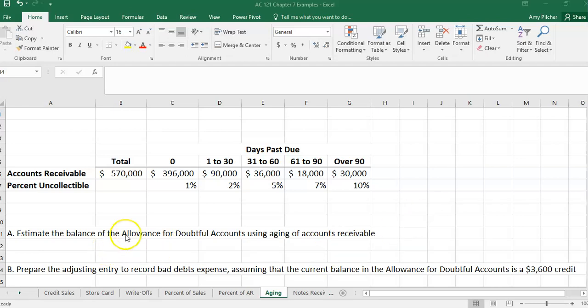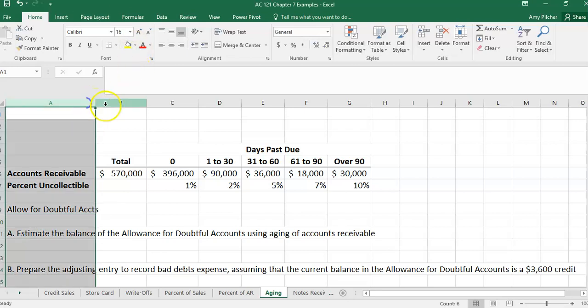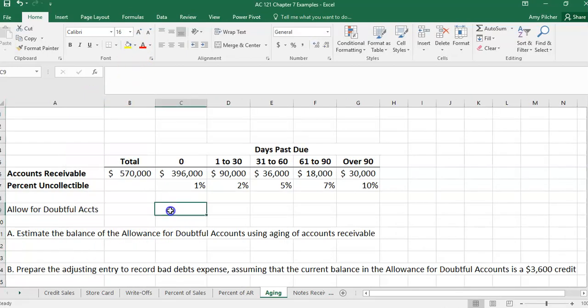So when we're trying to estimate the balance for our allowance of doubtful accounts, we would take our amount of accounts receivable times the percent uncollectible.